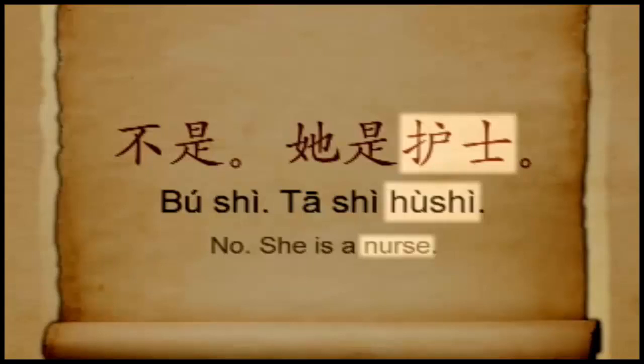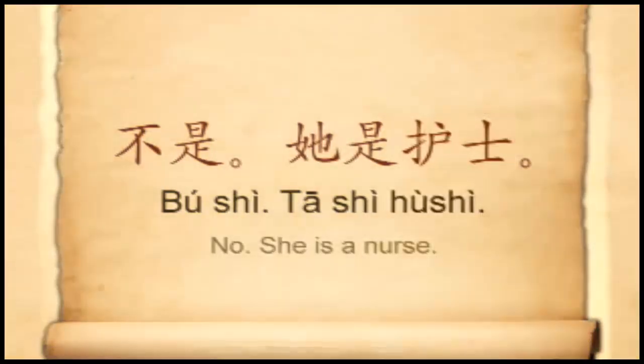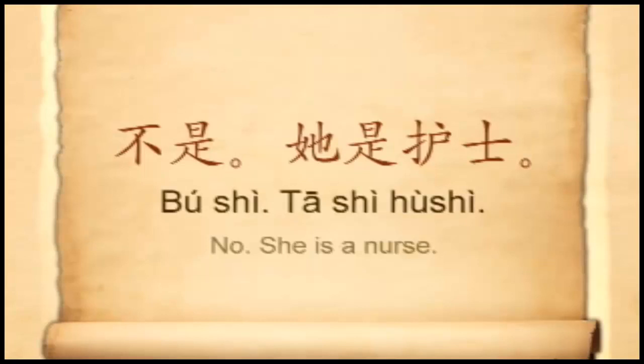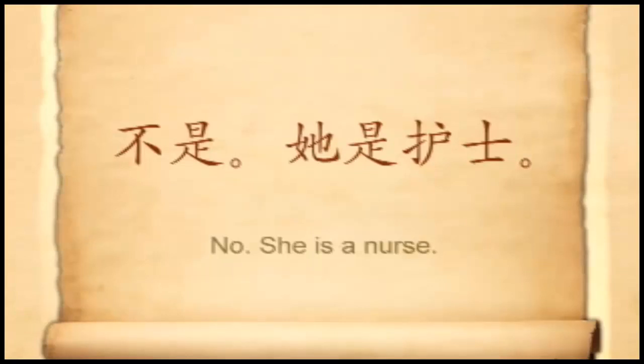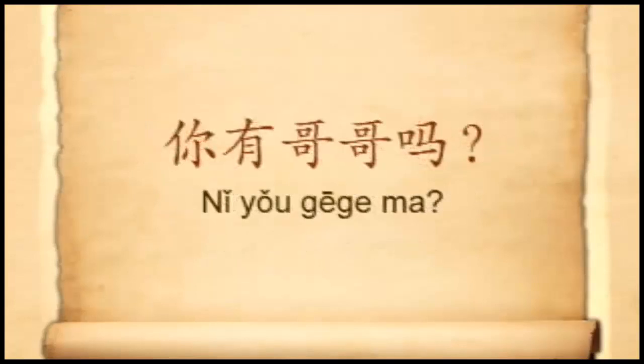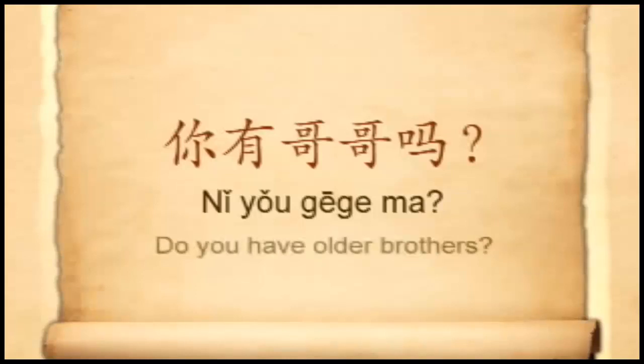Listen. 护士护士 Now listen to the sentence again. 不是，她是护士。Now practice saying this after me. 不是，她是护士。Let's say together. 不是，她是护士。The next sentence is, 你有哥哥吗？Do you have older brothers?